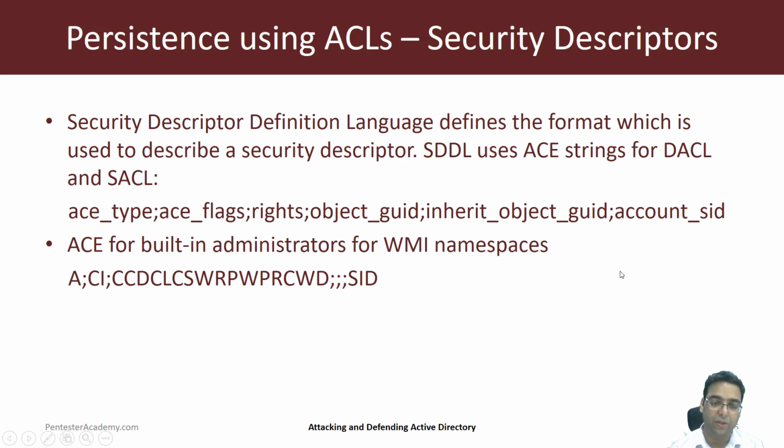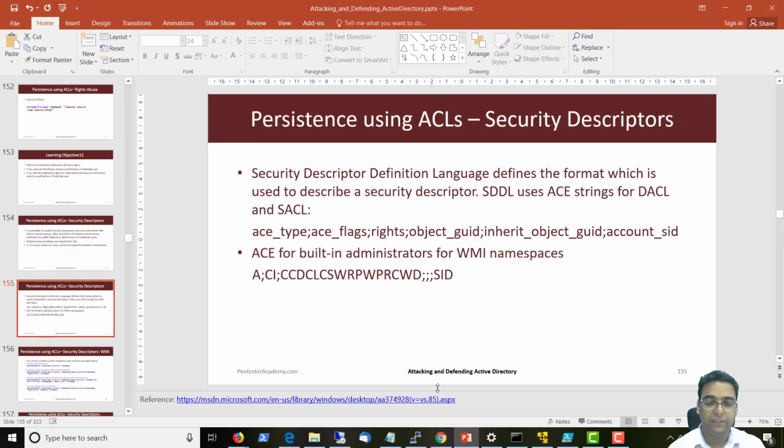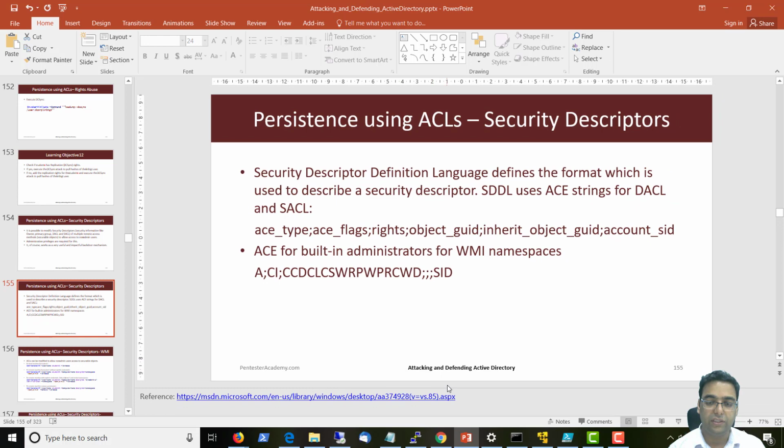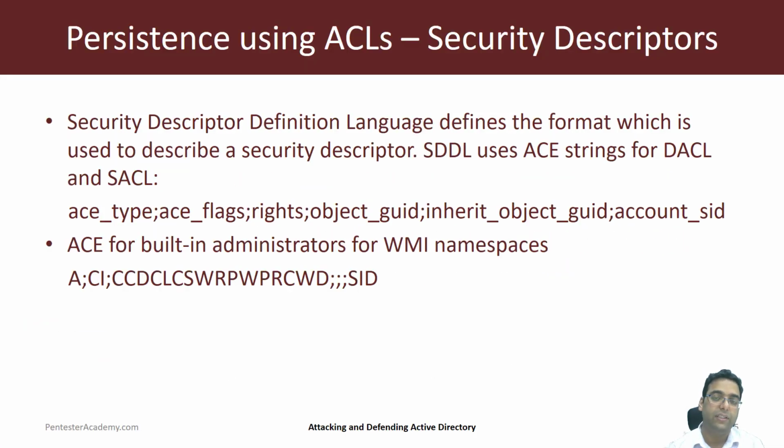Instead of trying to understand all of this now, I have a link to a reference in the slide notes, which you can have a look at later on. This reference points to the SDDL definition in the Microsoft Docs. Now let's try to understand this ACE string with an example. For all the WMI namespaces, the built-in administrators group, BA, has the following ACE.